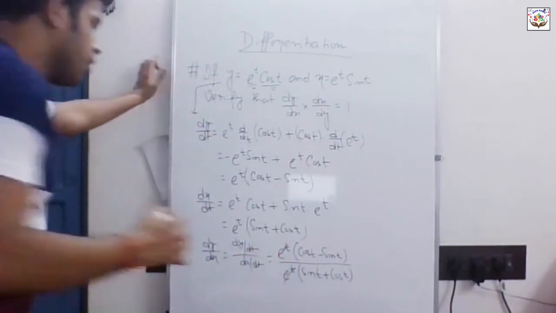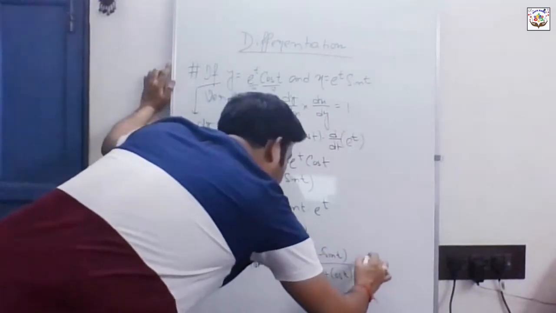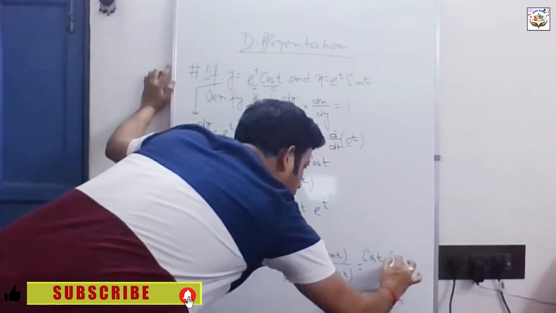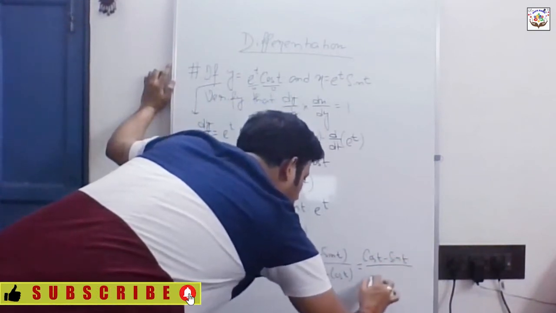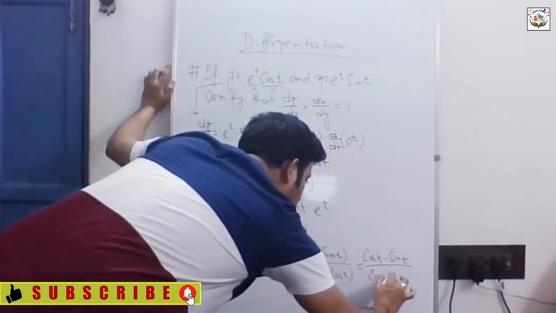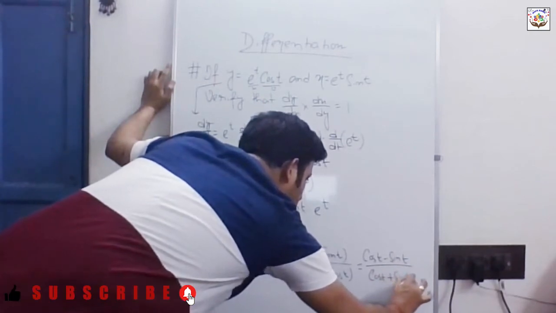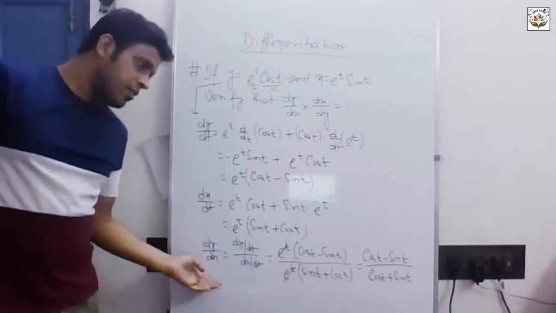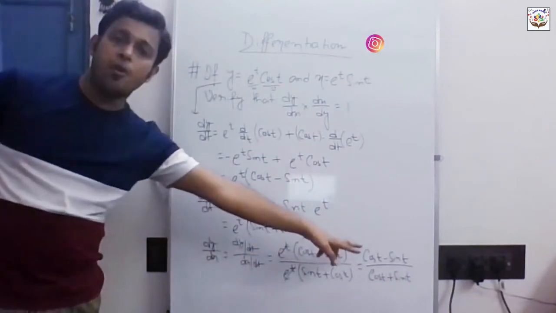So the final output of dy/dx can be written as cos t minus sin t divided by cos t plus sin t. So as you can see, the dy/dx is coming in terms of t.